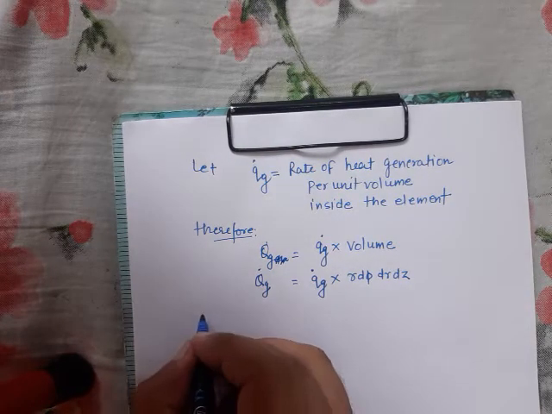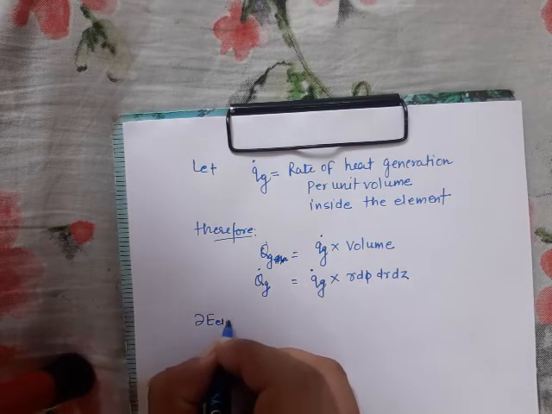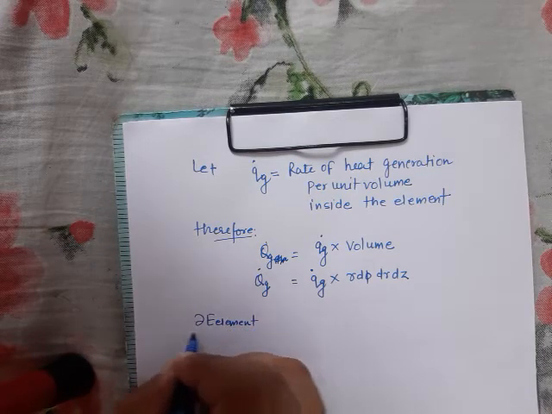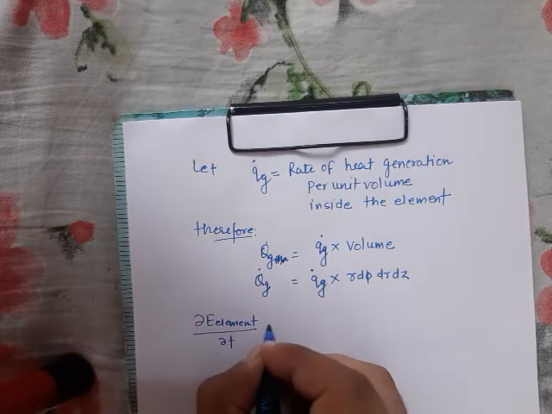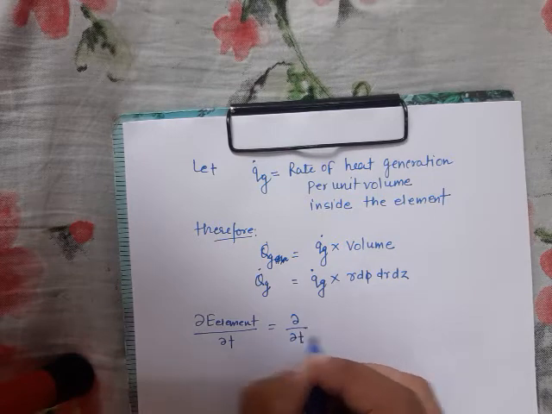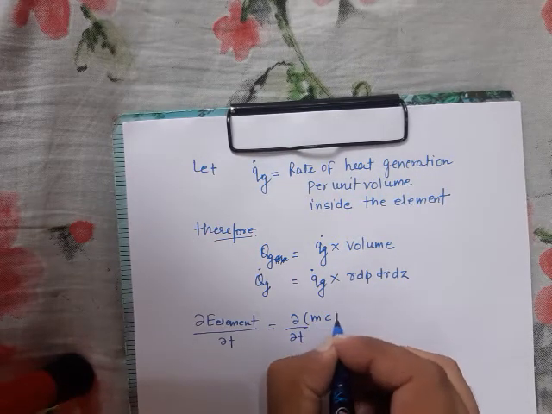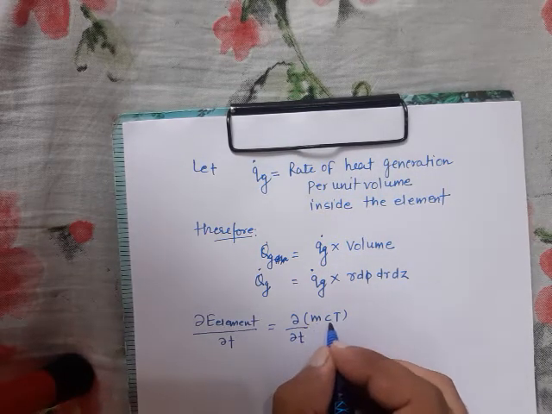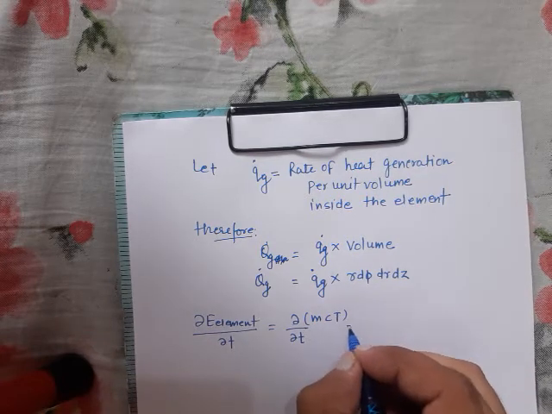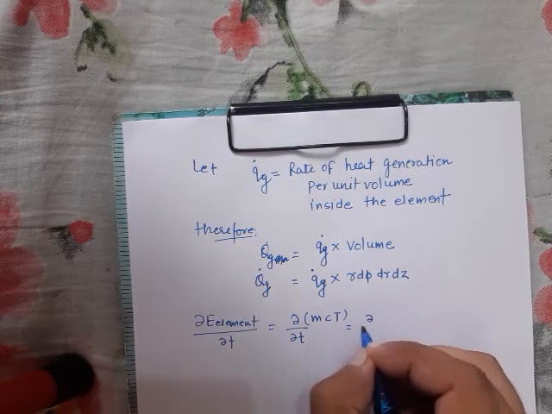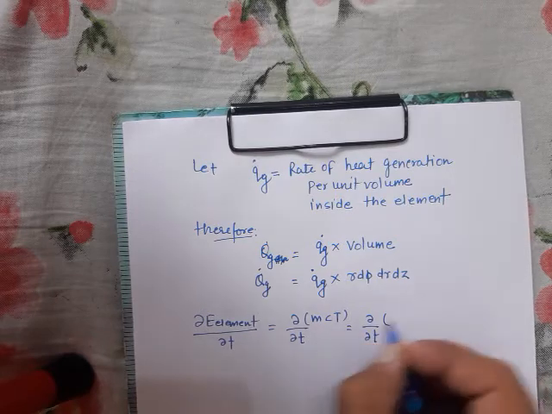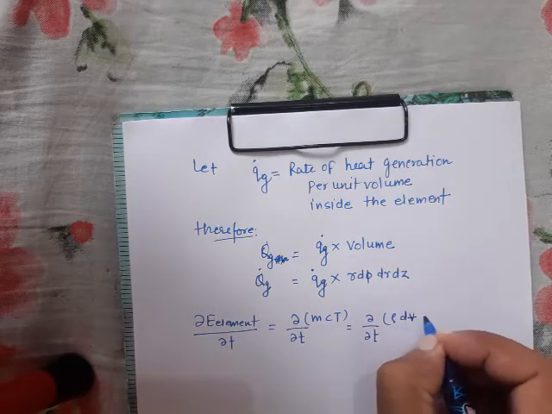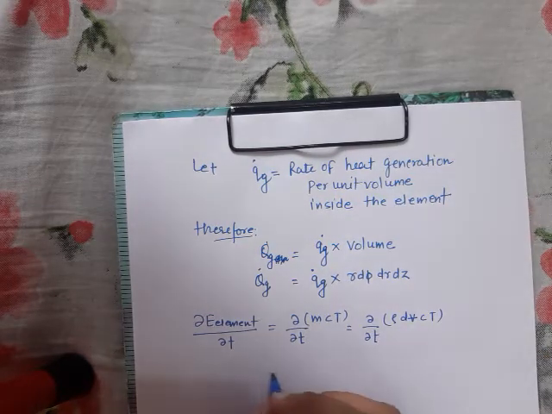Okay, and then what is del E of element upon del T? Del E of element upon del T can be written as del upon del T of E. The expression for E is mCt, mass, specific heat and temperature. The mass is density into volume of the element.